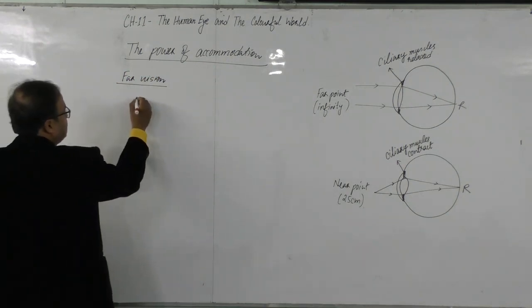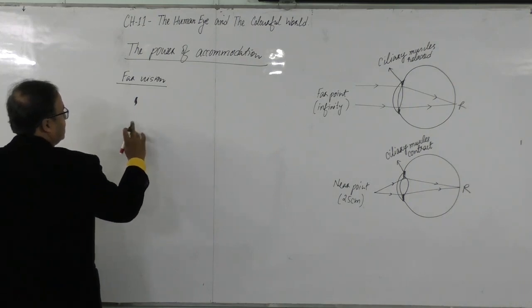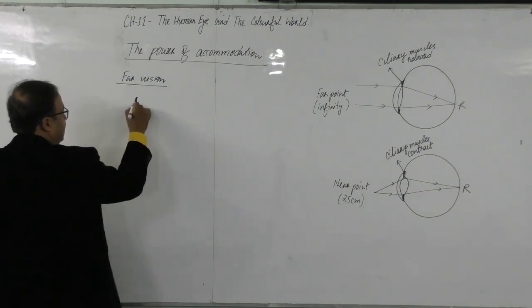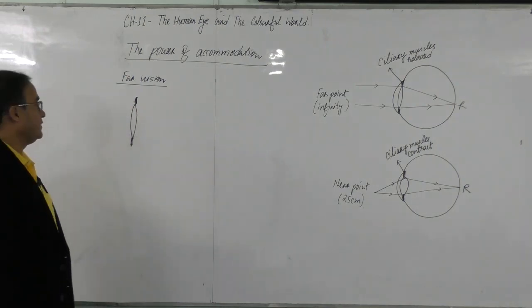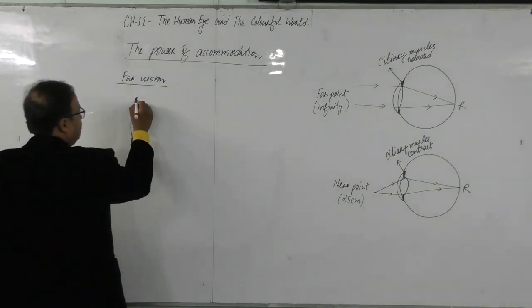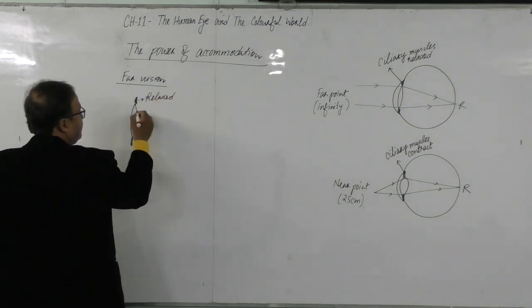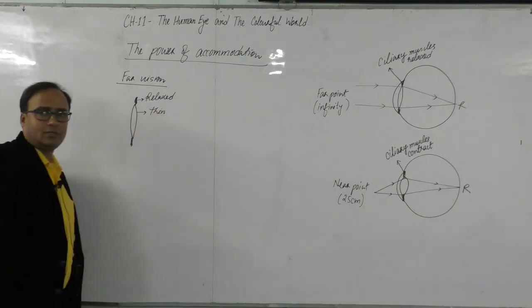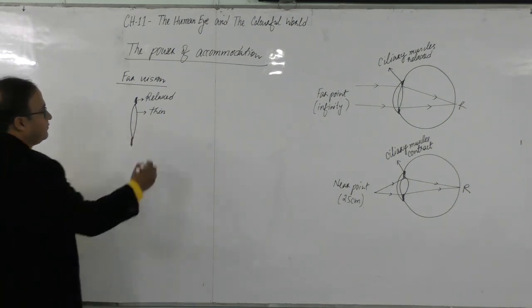The ciliary muscles get relaxed and the eye lens becomes thin for far vision. So now the muscles here are in which state? Relaxed state, and the lens becomes thin. As I have already discussed in part 1, the lens becomes thin.